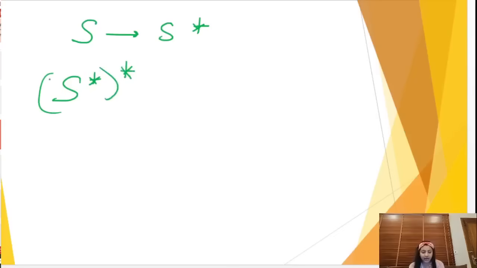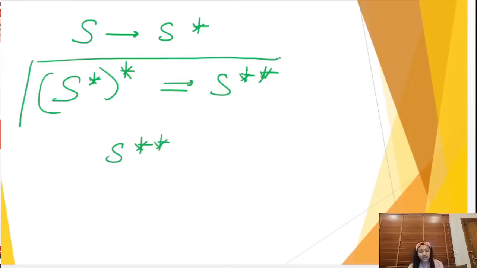So either I take S star and then take the closure of this, or I take 2 times closure of the same S. So this is exactly similar, right? Because S star is nothing but the concatenation of strings that are there in S. So no matter how many times I place star over this, how many times I do the concatenation of this, I'll get the same strings only. So this result is exactly similar.